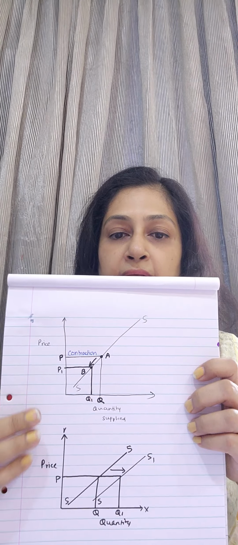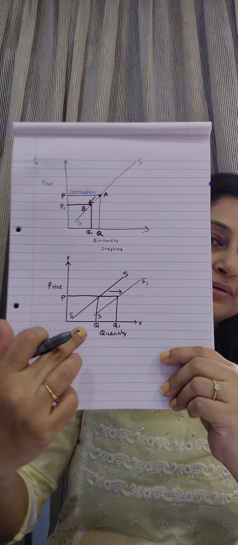And then you show the two quantities by dropping down on the x-axis. This is the way you show it.